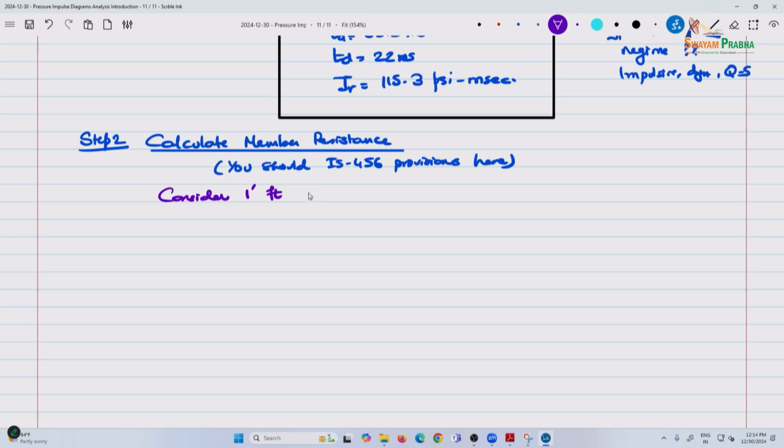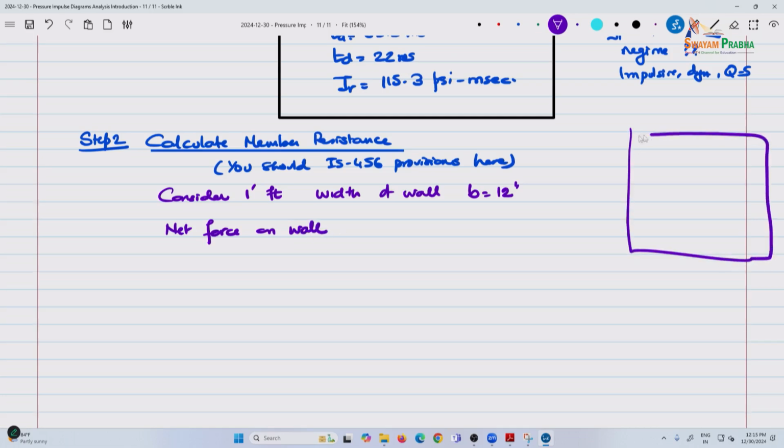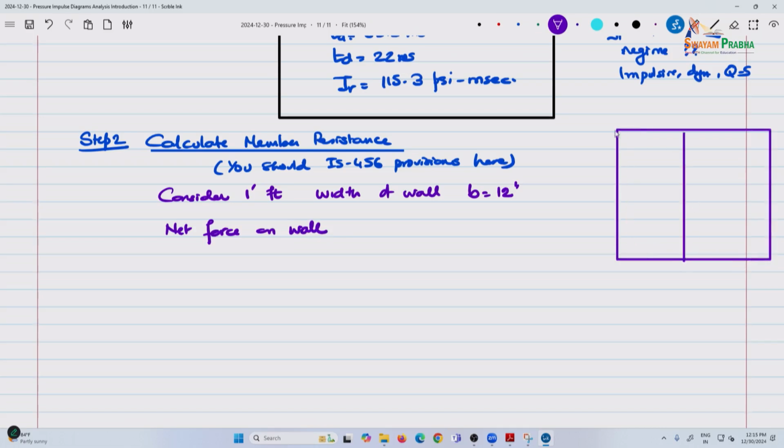So consider 1 foot width of the wall, so B is equal to 12 inches. Start with the net force on the wall. Now the wall again is this way. Now you might say the pressures are different from the top and the bottom.